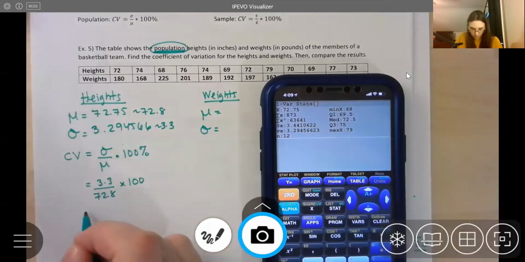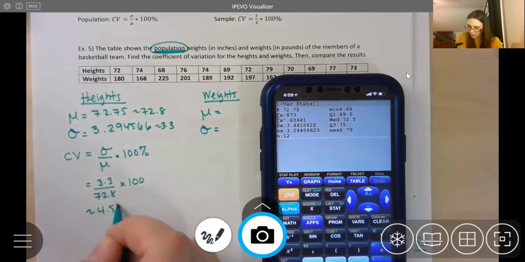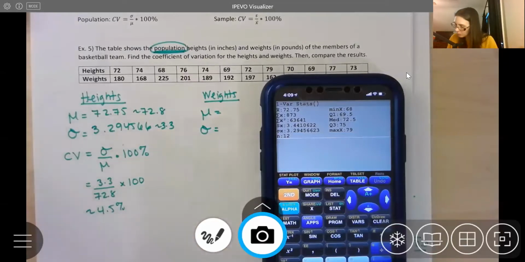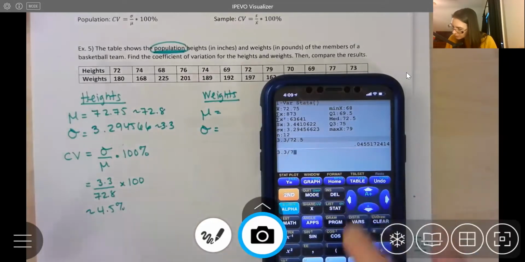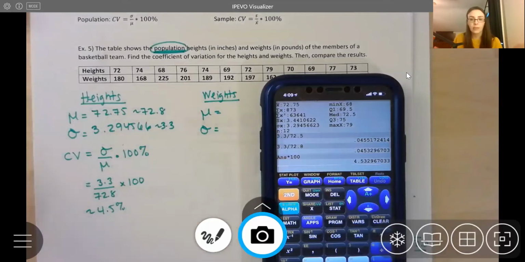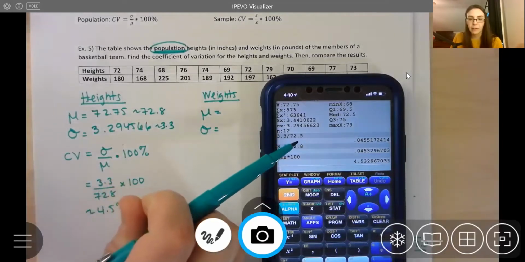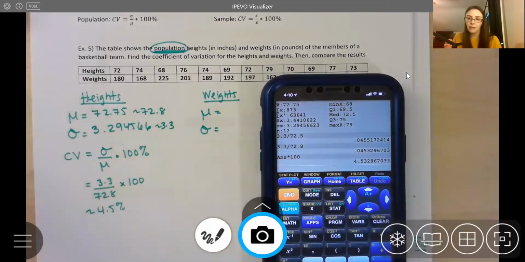When I do that and round, I get about 4.5%. So watch your calculator. I do the same things all the time that you guys do. I wrote 0.5 by accident at first, so just be careful because those little mistakes can add up.